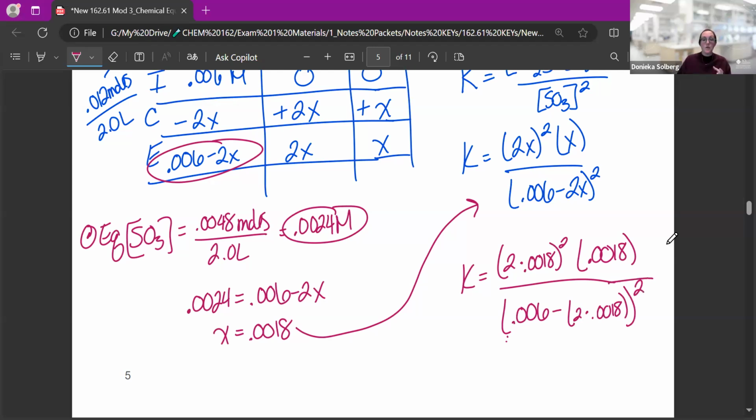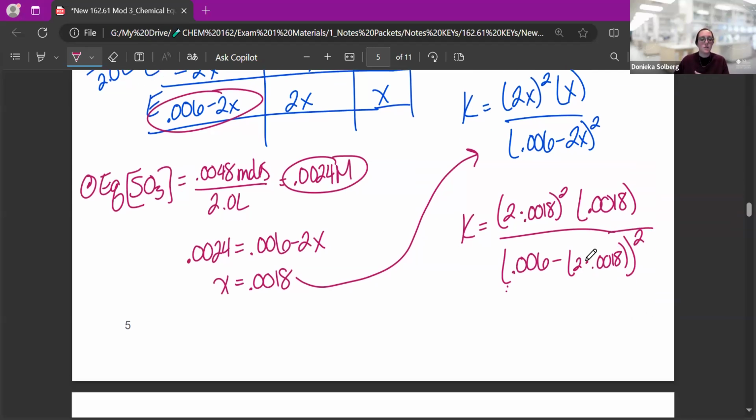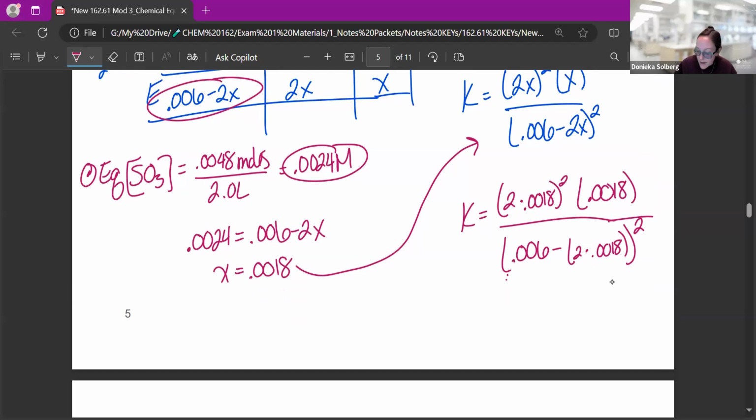So be very careful with your parentheses, what's squared, where the x is going. Make sure you can do this in your calculator. You should end up with that K is 0.00405.